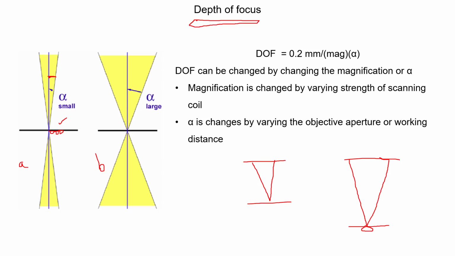Alpha is directly correlated to the spot size, and alpha is also directly related to the working distance, and as a result all these things will give you how much depth of focus you can obtain of that specimen. What's your doubt?